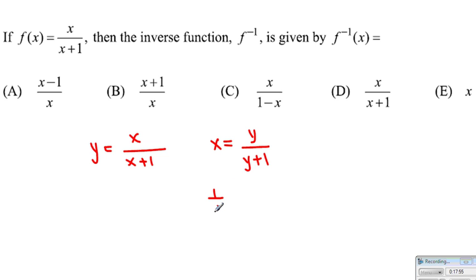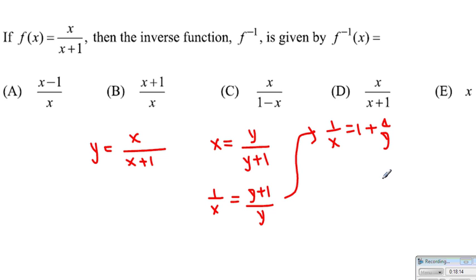Then I will end up getting 1 over x, which is equal to y plus 1 over y, which I can simplify as 1 plus 1 over y.